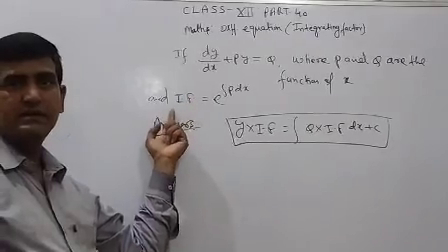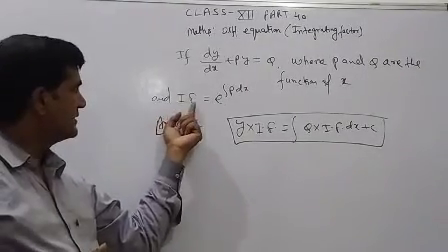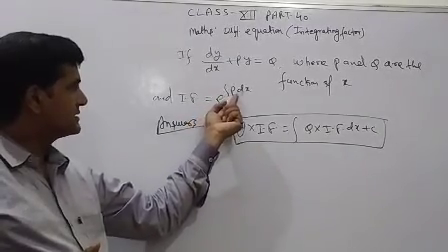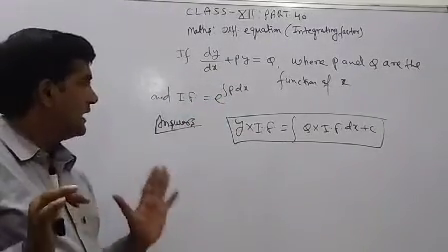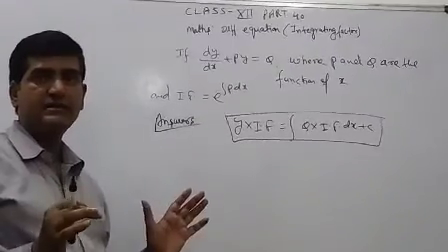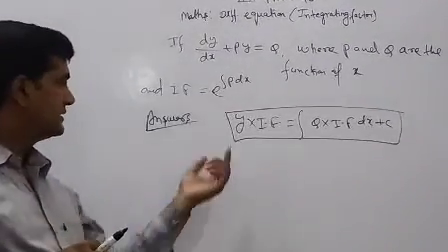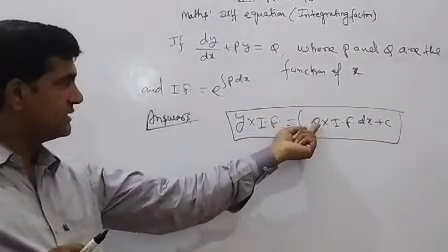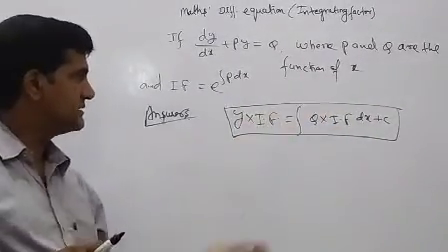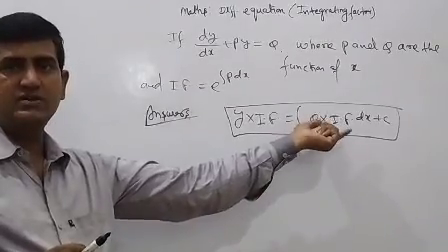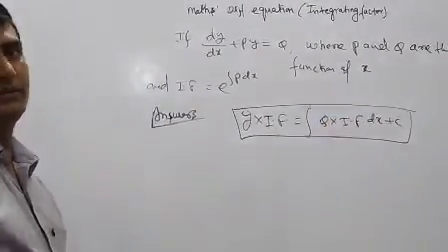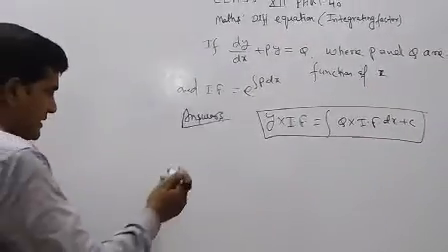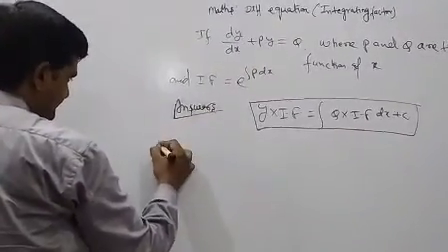Integrating factor is equal to e power integration of p dx. After that, we find the final result, that is y into IF is equal to integration of q into IF dx plus c. Means we have to integrate this one also. After that, whatever value comes, this is the answer. Any doubt? Very good.